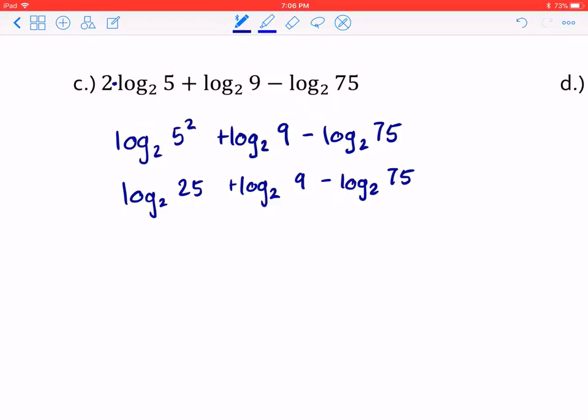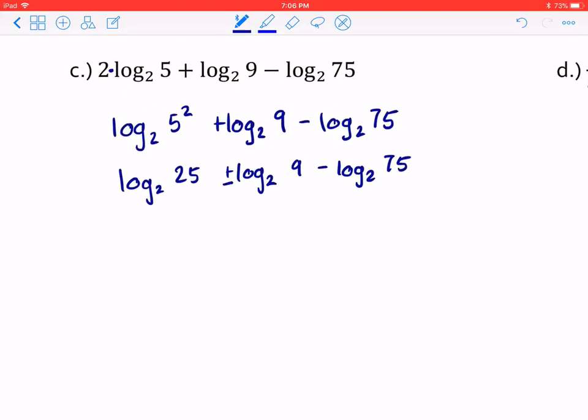All right, now let's go ahead and apply our rules. This is positive, and this is assumed to be positive, so when we write these as a single logarithm, namely the log base 2, because they all have log base 2, we are going to have 25 times 9, and then this minus right here means that this 75 is going to go into the denominator.